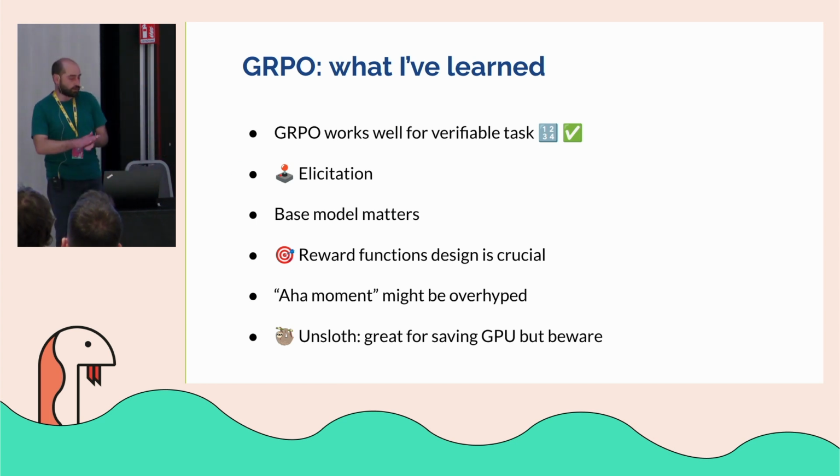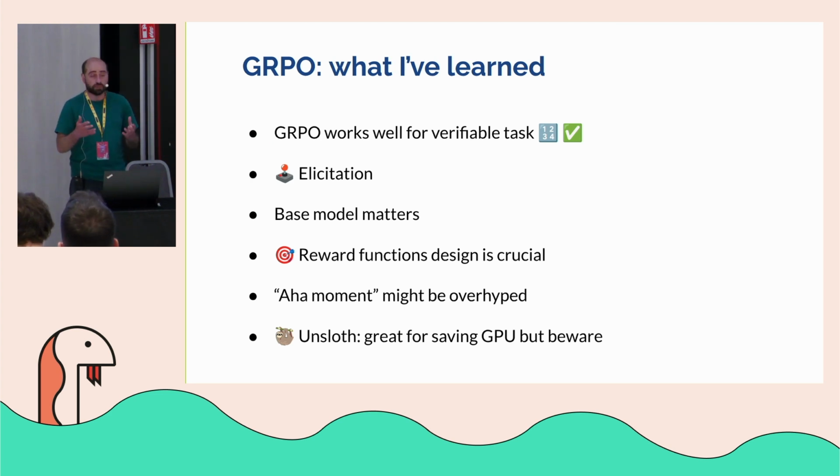A quick thought about the aha moment from the DeepSeek R1 technical report. They said that using GRPO, the model developed anthropomorphic self-thinking capabilities. And this was impressive.